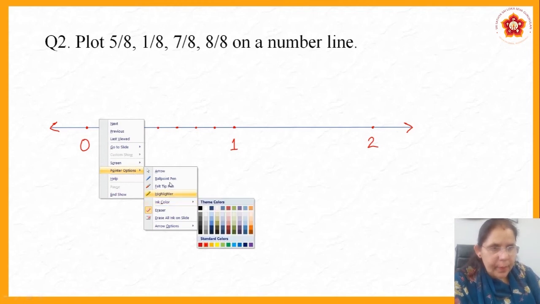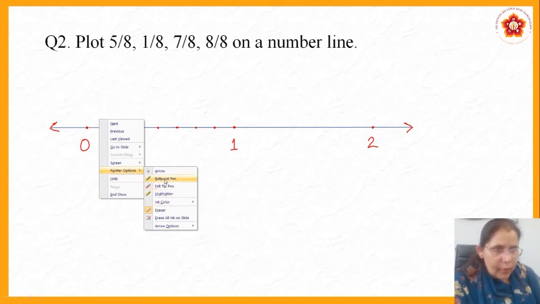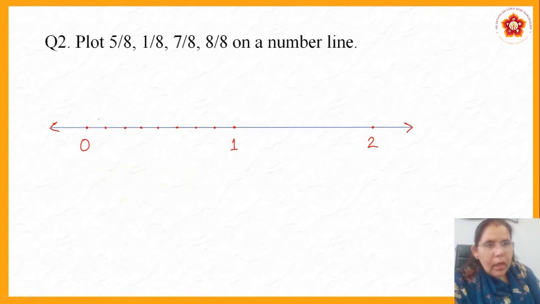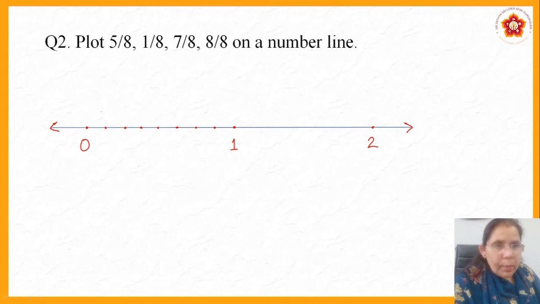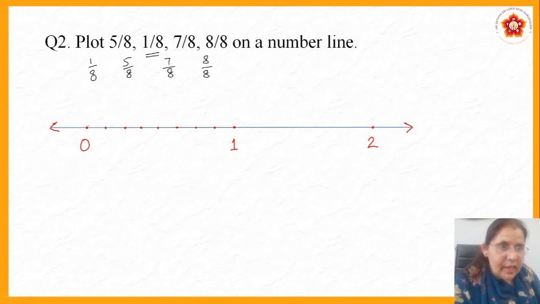Now let us see what we do next. We will be marking the points. Now where will be 5 by 8? Let's start from 0. Or I can plot 1 by 8 first. We have these points: 1 by 8, 5 by 8, 7 by 8 and 8 by 8. So let's start with 1 by 8. After 0, the first point is 1 by 8.